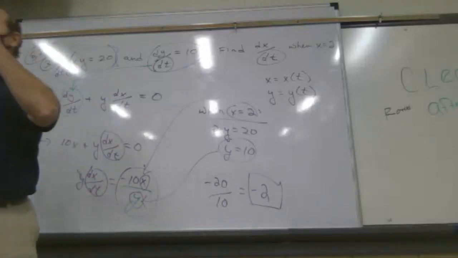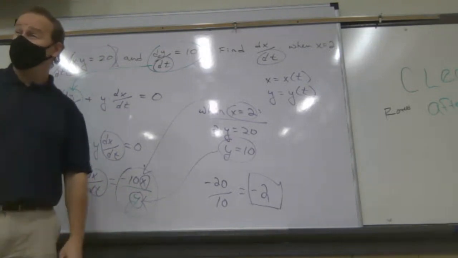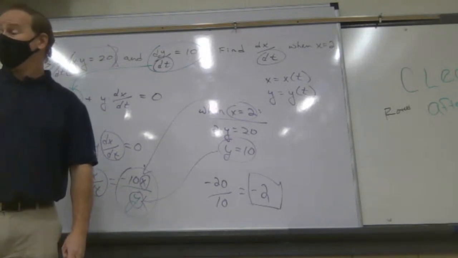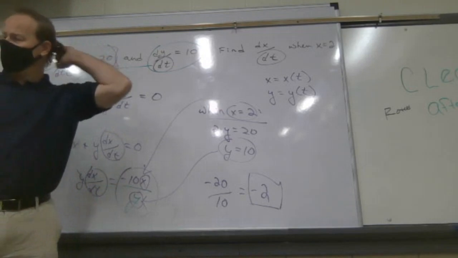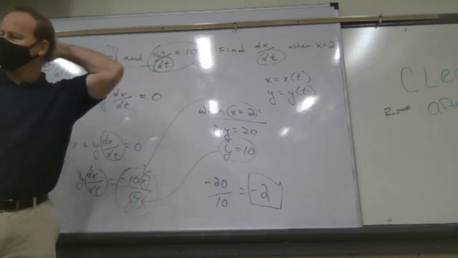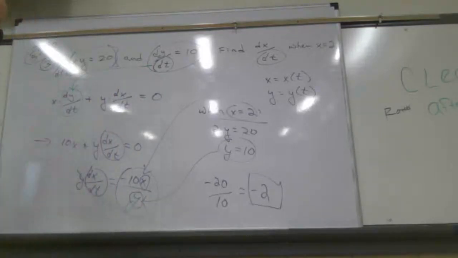So where would we be if we were in a normal year? Probably just started. I don't know, you'd probably be doing some derivative stuff. I'd have to look back at when my daughters took it.